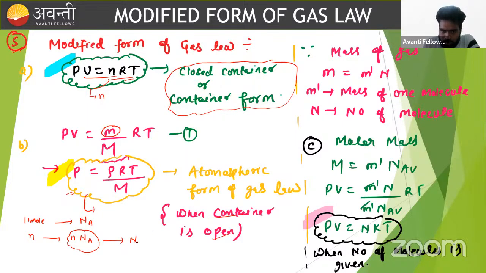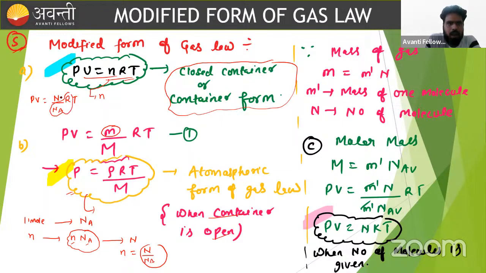If total molecules is N, then N is always written as the number of moles times the Avogadro number. Here we can replace small n with the number of molecules of gas divided by the Avogadro number. If we put this formula in this equation, what will happen? See here, PV equals, in place of number of moles, we can put, beta, the number of molecules of gas in the container divided by the Avogadro number, into RT.